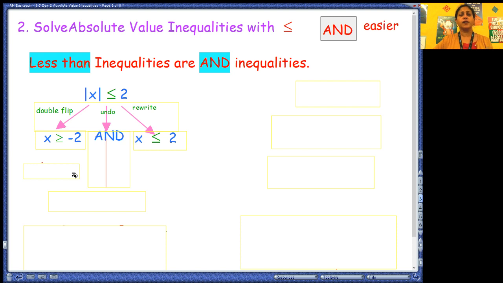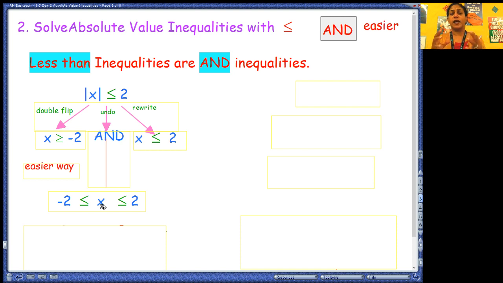And this one is easy because the x is already isolated for you. So the easier way is to simply write it between the negative and the positive number that is on the right side. So the easier way is to just say that x is between -2 and +2.